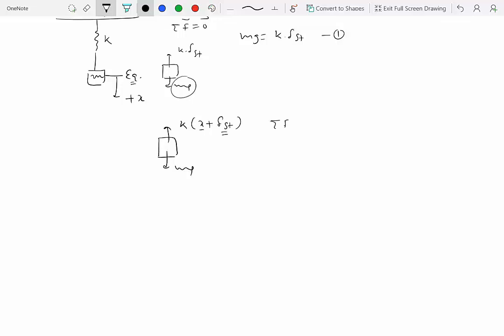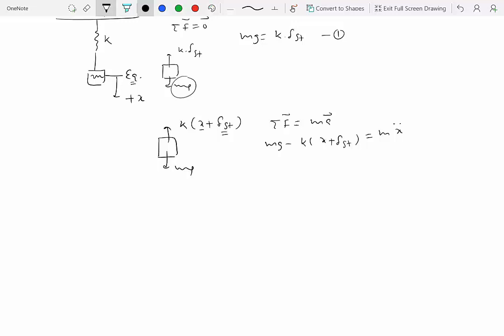Now we'll write sigma F equal to ma. So this would be mg minus k times x plus delta static, equal to m times x double dot. Notice I'm not writing i hat anymore because this is a 1 degree of freedom motion. There's only one parameter required to describe the position of the system.